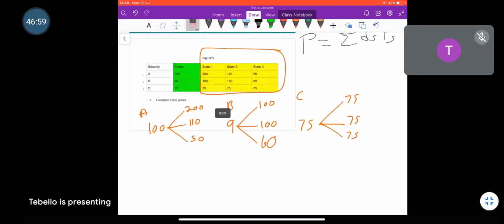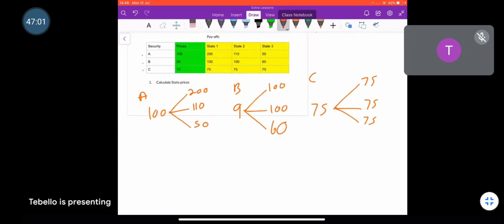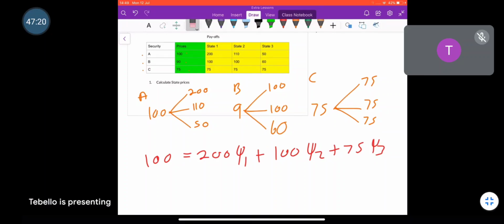So to find the state pricing, you will have 100 equals the payoffs: 200 for state 1, 110 for state 2, 50 for state 3. Oh, sorry, I think I made a mistake. This is supposed to be 110. This is supposed to be 50. And then for asset number 2, the price is 90.